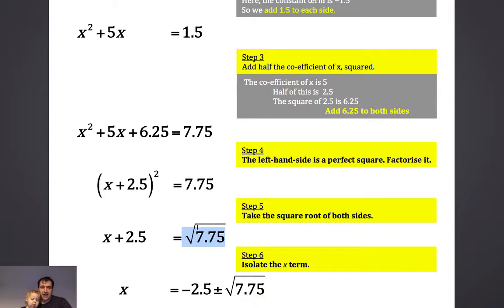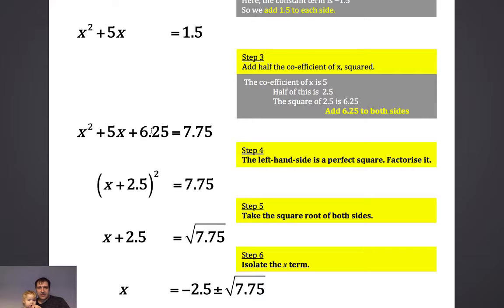So instead of 7.75, the square root of 7.75, which should be plus or minus. In fact, I've not put plus or minus on there. I should have done. Okay, so we've got x plus 2.5 equals the square root of something, and then we just get the x on its own by taking the plus something away. So in this case, plus 2.5. So x is minus 2.5 plus or minus the square root of 7.75.